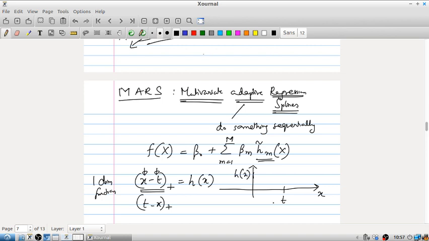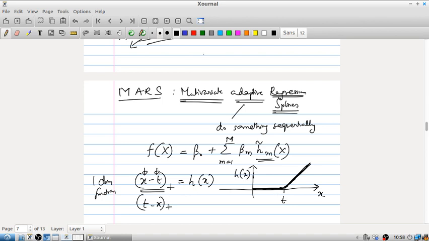When x is less than t, I'm gonna make the function value 0, and when x is greater than t, the function value is x minus t. This is the function x minus t plus.